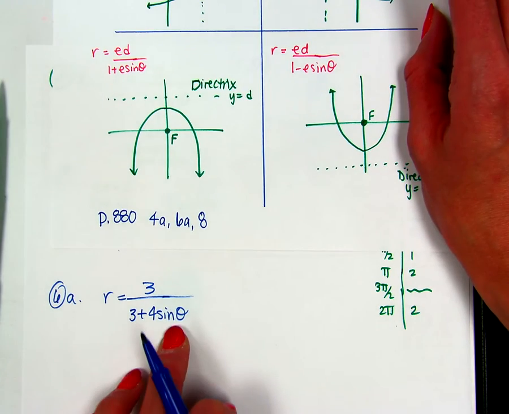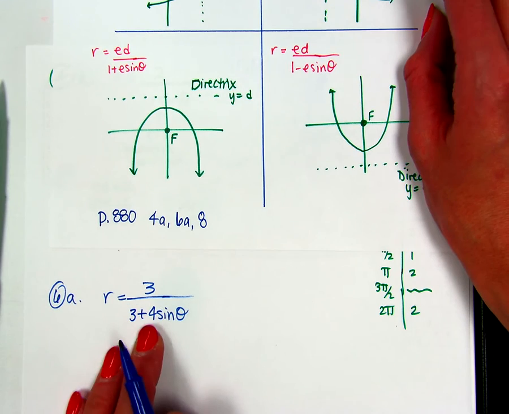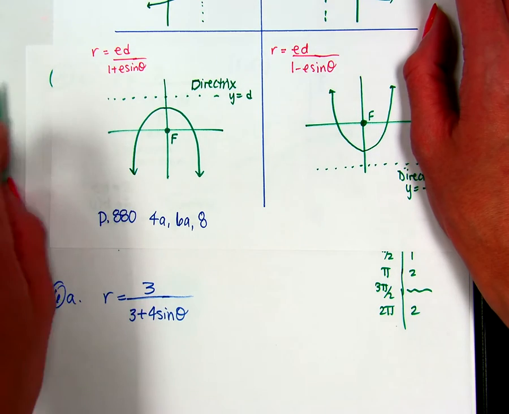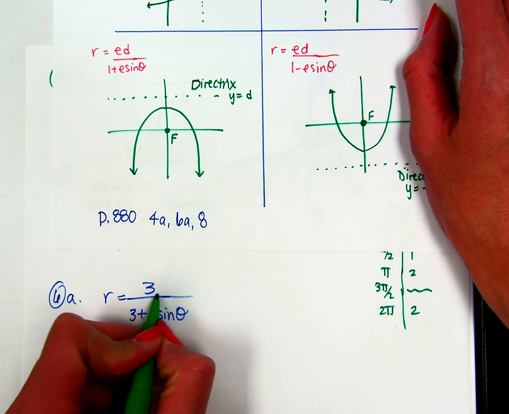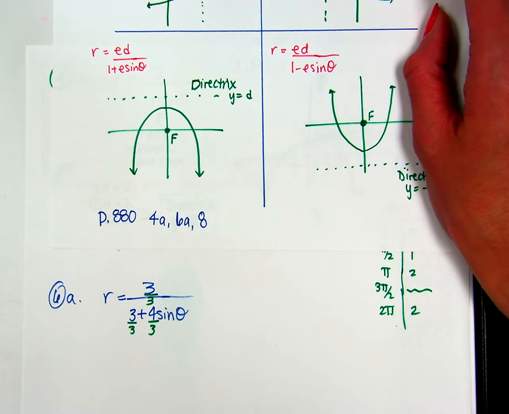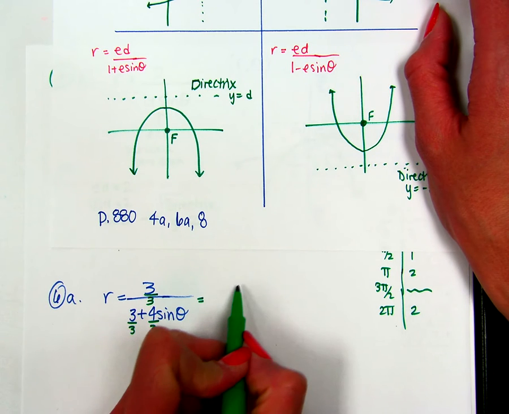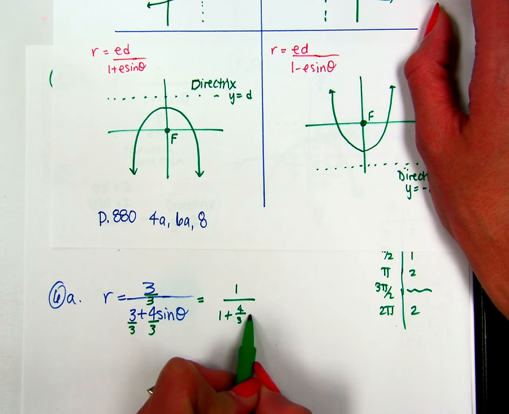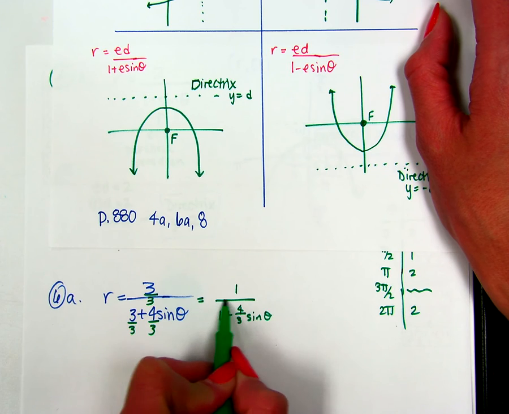Right? It's got sine. It has a plus sign. So it must be this one. Now the issue is this is not a 1. So because it's not a 1, we need to divide everything in the equation by 3. As long as you divide the top and bottom by the same number, you haven't actually changed your equation. So now this becomes 1 over 1 plus 4/3 sine theta.